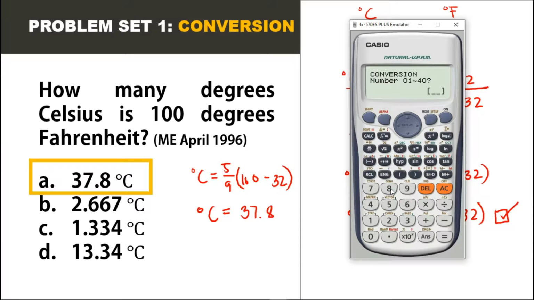At the back of your calculator, the cover, you have 37, that is degrees Fahrenheit to degrees Celsius. So you can automatically input it here: 100 degrees Fahrenheit to degrees Celsius. You press equals, then you have an answer. We have the same answer, 37.8 degrees Celsius.